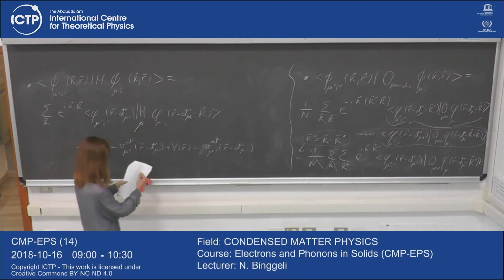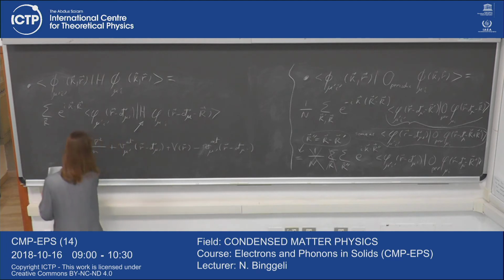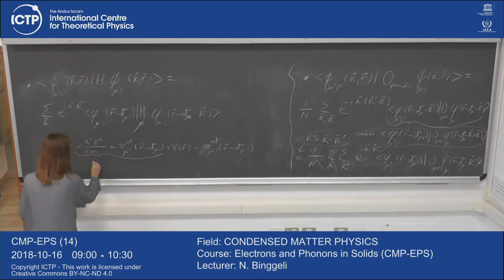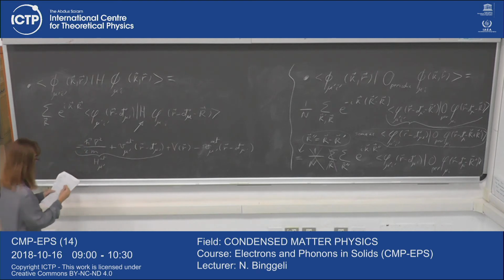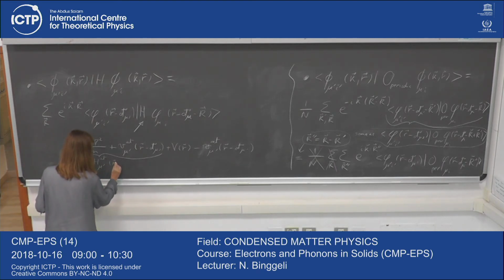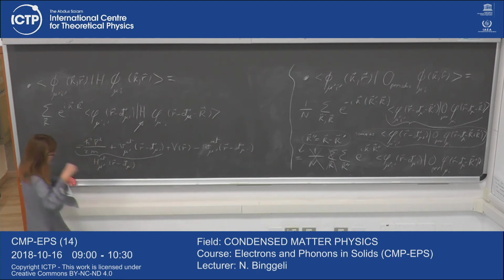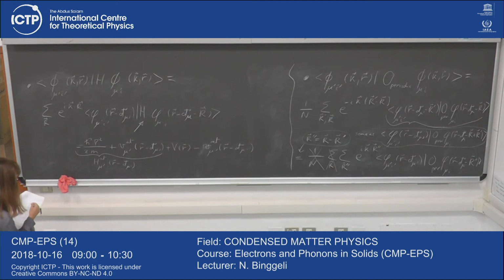This part is just the atomic Hamiltonian for the atom mu prime, centered on the atom mu prime that is in the cell corresponding to the origin, labeled by the Bravais lattice vector at the origin.